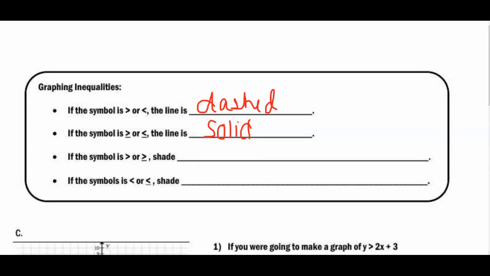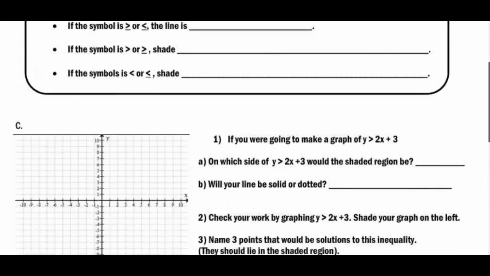You kind of remember doing this? If the symbol is greater than or equal to, then we shade above. If the symbols are less than or equal to, then we shade below. Okay? So it's dotted or dashed, solid, above, below.